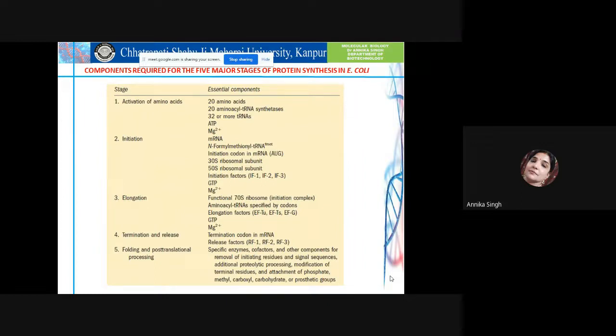Apart from these, 32 or more transfer RNAs are also required, and ATP molecule, which is required to provide energy for the reaction, and magnesium ion, which acts as a cofactor.